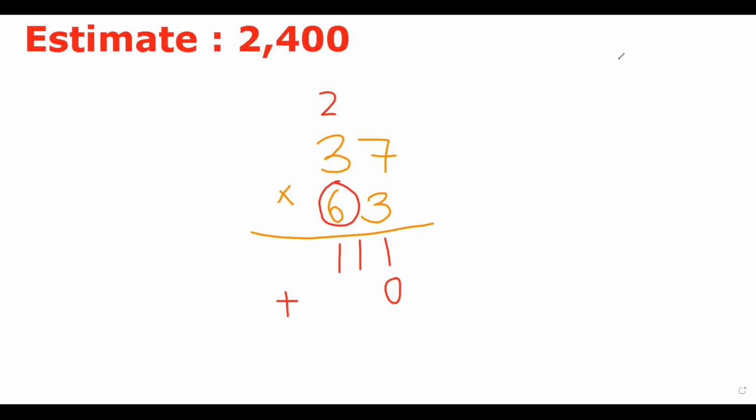42. Then 22. Bravo. Then bravo. Yalla. 1 plus 0. 2 plus 1.